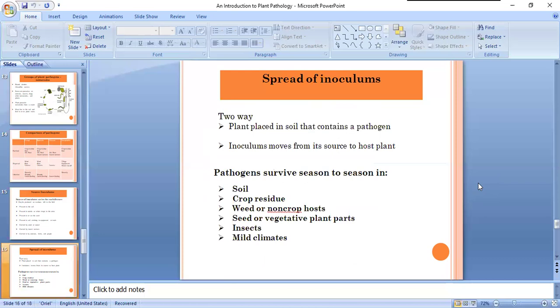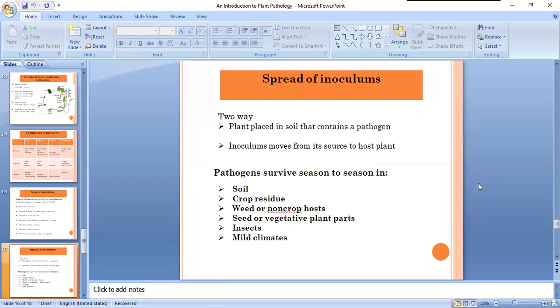Spread of inoculum. There are two different ways inoculum spreads. First, the plant is placed in soil that contains pathogens. Or second, inoculum moves from its source to host plants.